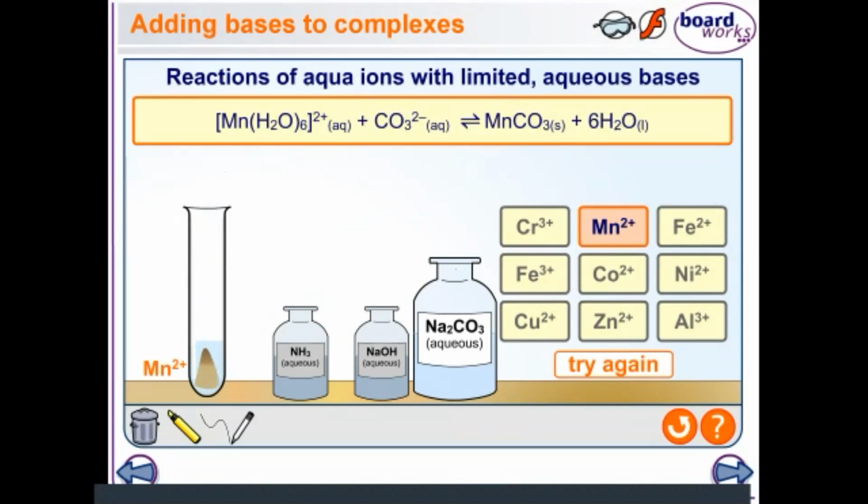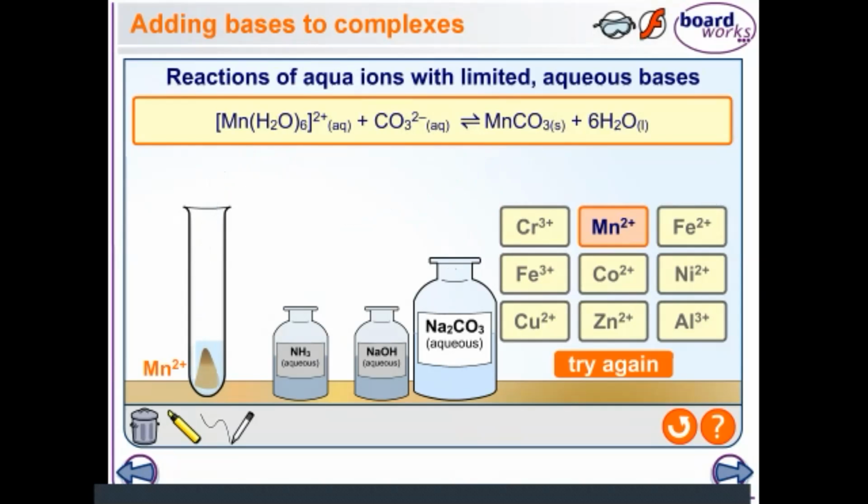In this case, the precipitate is manganese carbonate, which is also in the solid form. Now the color is this color.